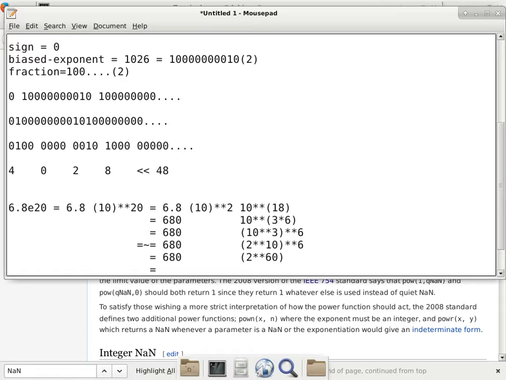Okay, so that means in order to represent 6.8 times 10 to the power of 20, how many bits do I need? We know the magnitude part needs about 60 bits already, okay? But 680 itself also requires 10 bits.